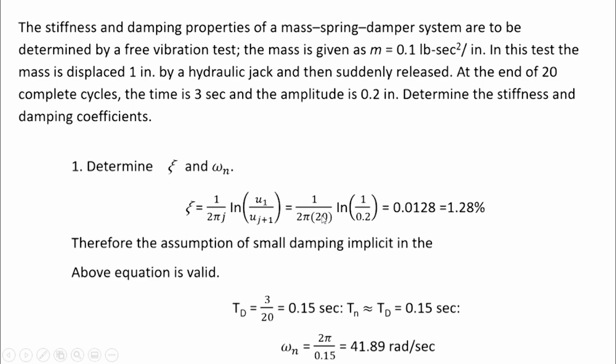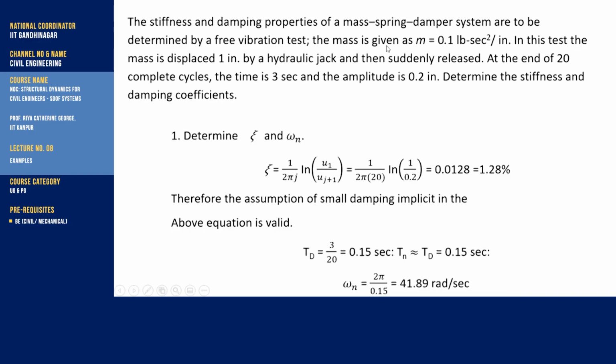So here we know 1 by 2 pi, j is equal to 20 here. So we can take j as 20 because we know the information at the first cycle and after 20 cycles.